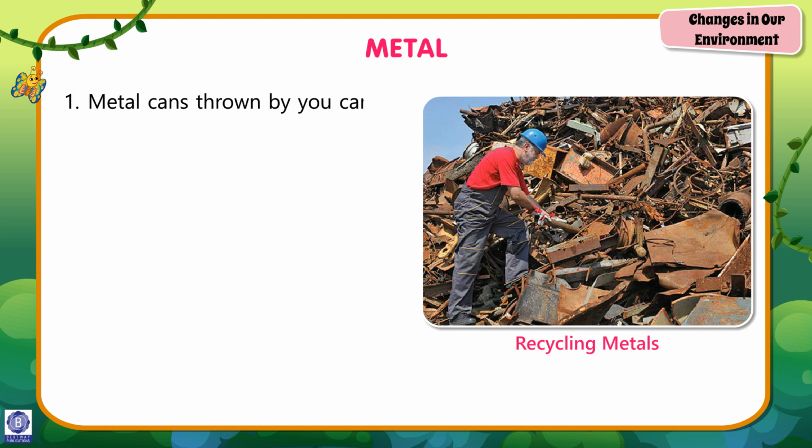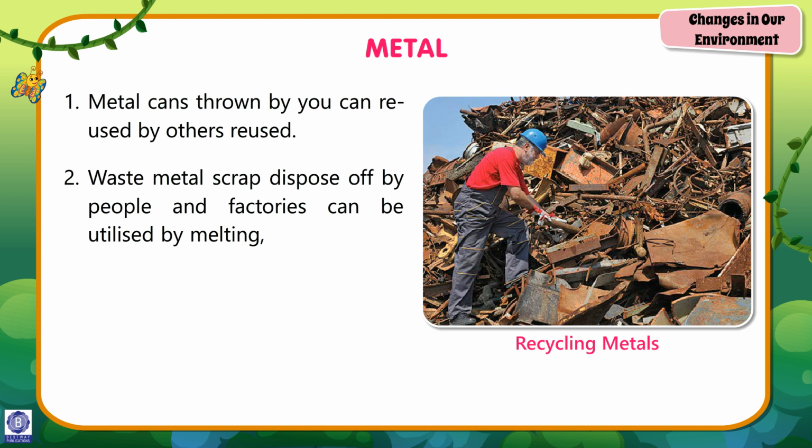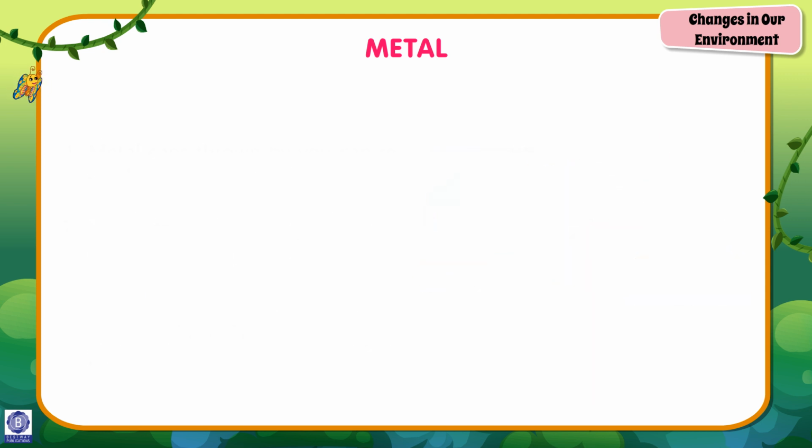Number 1, metal cans thrown by you can be reused by others. Number 2, waste metal scrap disposed of by people and factories can be utilized by melting, reshaping and converting things like cans, bottle caps, metal sheets, pipes and rods into useful products.